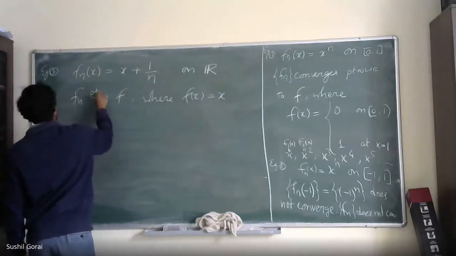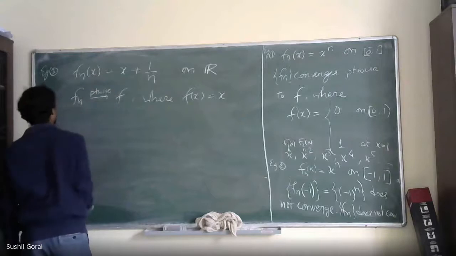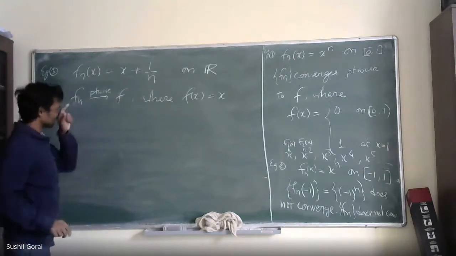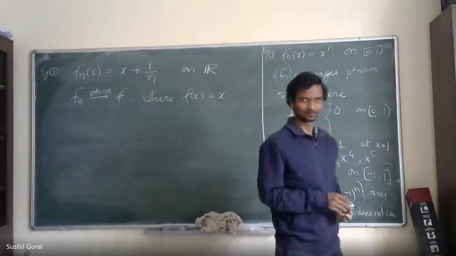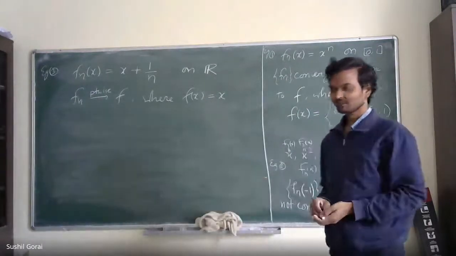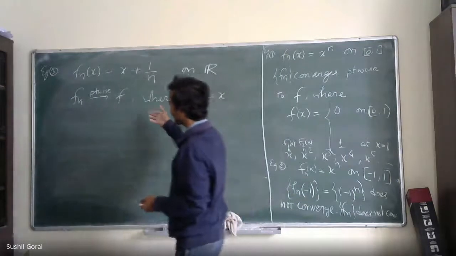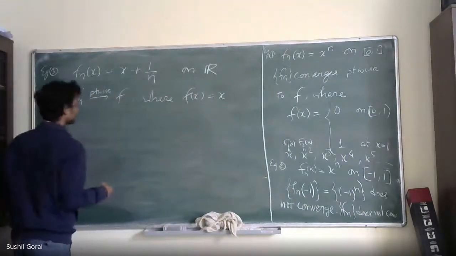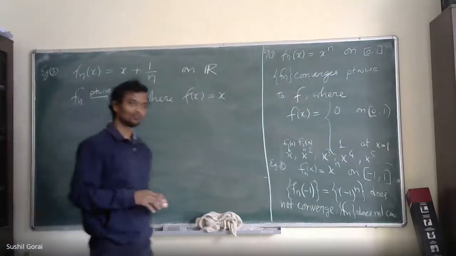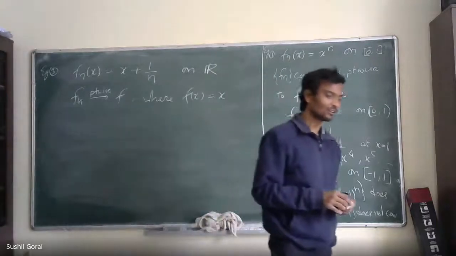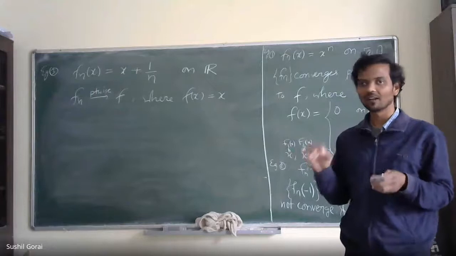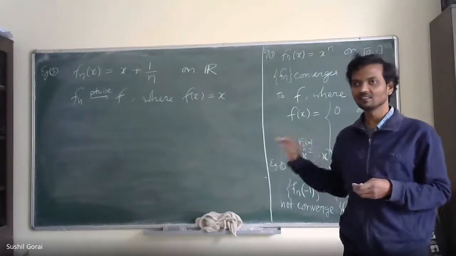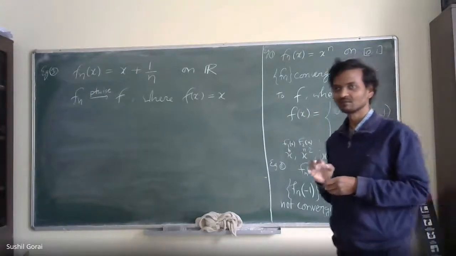So see, the difference between this example and this example. Whenever I write that it converges pointwise, those who are not yet comfortable with epsilon and n, please check this in terms of epsilon, n, and x, and see this actually works.